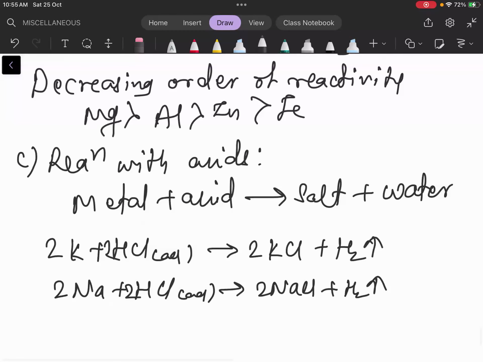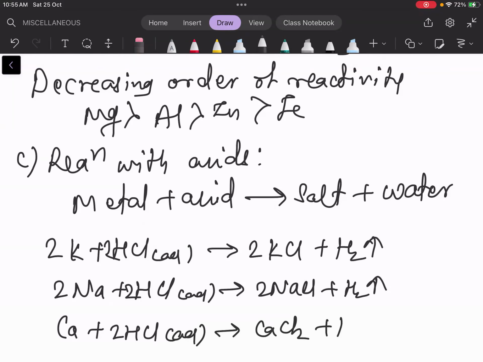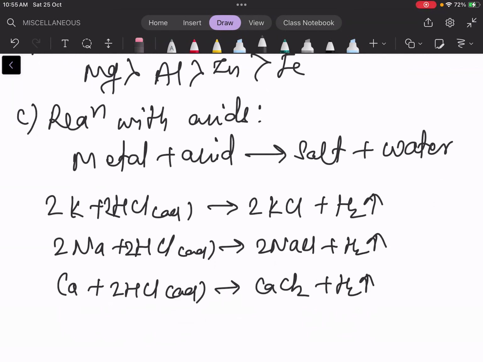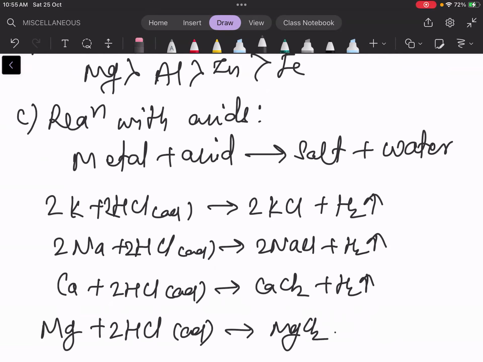Similarly, calcium combined with HCl forms CaCl2 plus H2. Then magnesium combined with HCl forms MgCl2 plus H2 gas, which is given out.